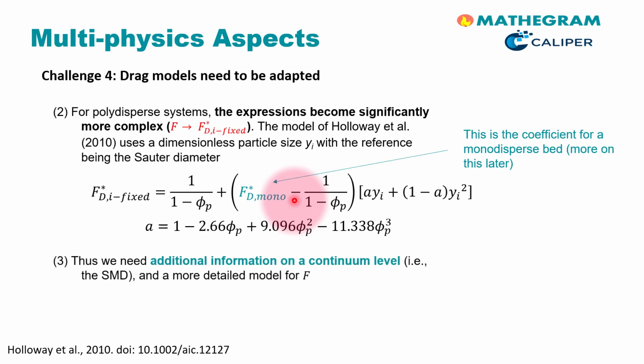Most important, however, is the fact that we need to know the local Sauter mean diameter, or short SMD, which is an additional continuum level information. This indicates that more involved calculations are necessary for polydispersed gas particle flows, explaining why this is considered a challenge in the field of polydispersed DEM simulations.